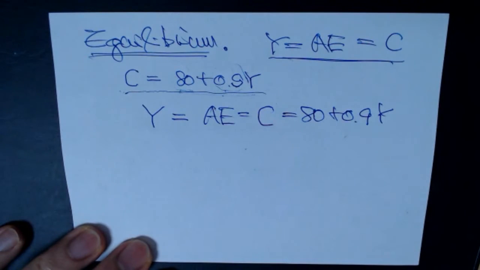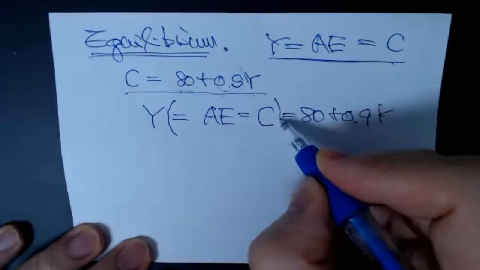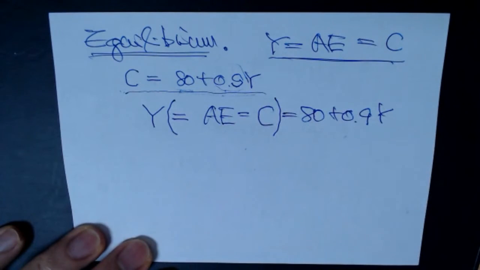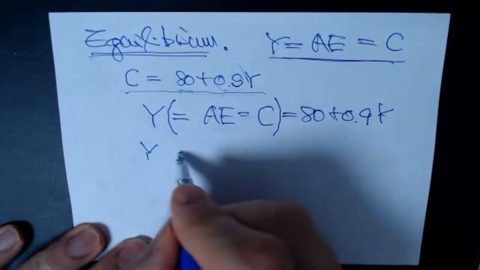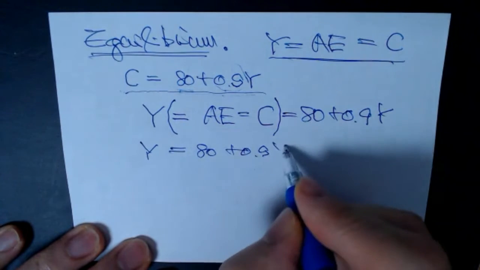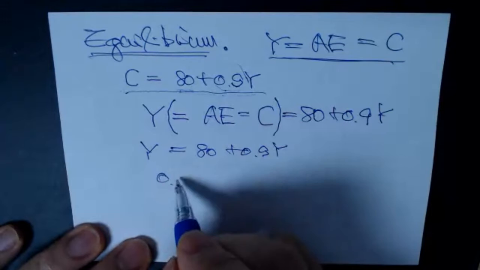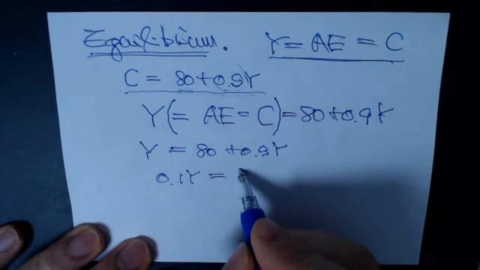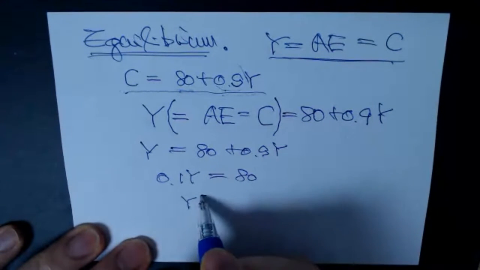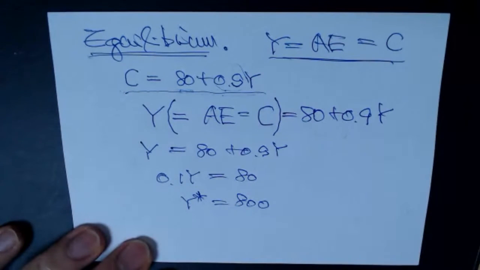Output equals consumption in this economy. So Y is $800.